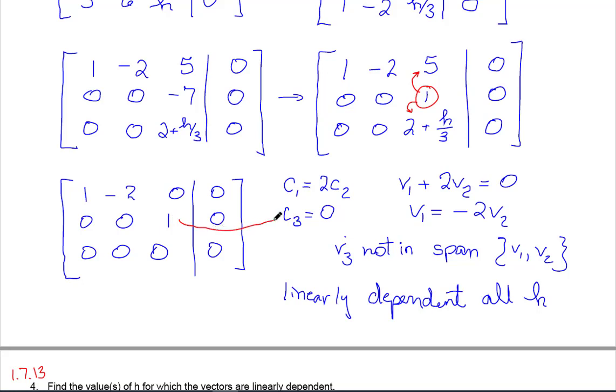And I see that C1 is equal to 2 times C2. So that tells me that the sum of these two is 0. So V3 is not in the span. And they are linearly dependent no matter what H that we pick. They are always dependent.